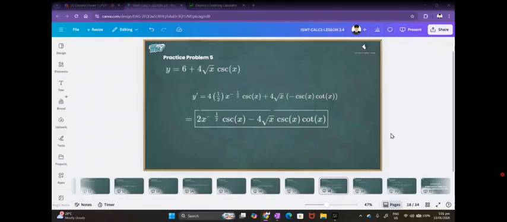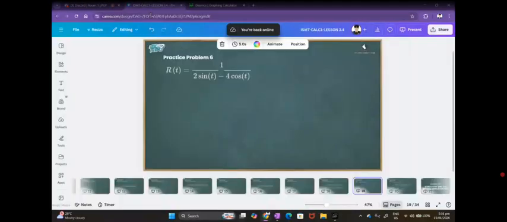Take home na lang. Dahil kulang na tayo sa time, take home na lang po itong problem na 1 over 2 sine of t minus 4 cosine of t.